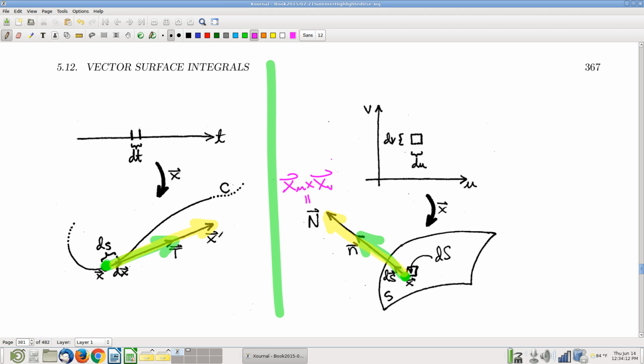Let's see. In both cases, we're interested in the size of the little piece of the domain here. So we're interested in, for example, on a line integral, the length of the piece of curve. Over here, with a vector surface integral, we're interested in the area of that piece of surface.